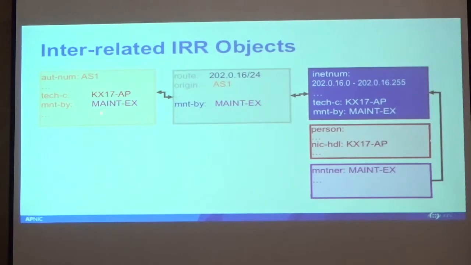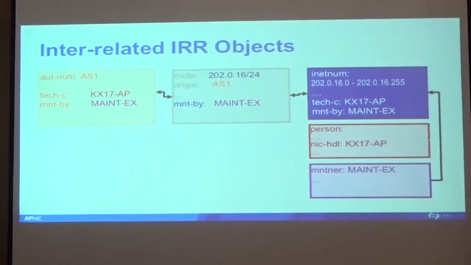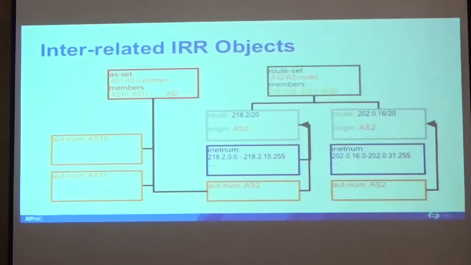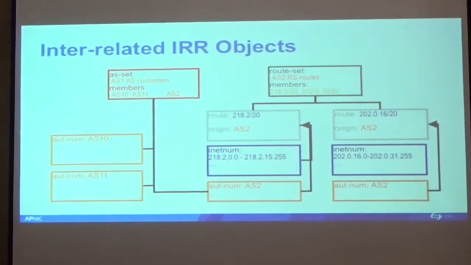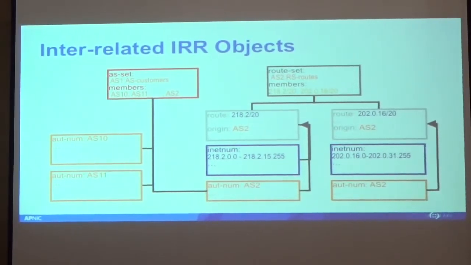Another one is your aut-num object. From this aut-num object, you can reference that in your route object. You're saying that for this route, it should be announced by this AS, and that AS is described by your aut-num object. Same thing really, but just to show the linkages between different sets of objects.